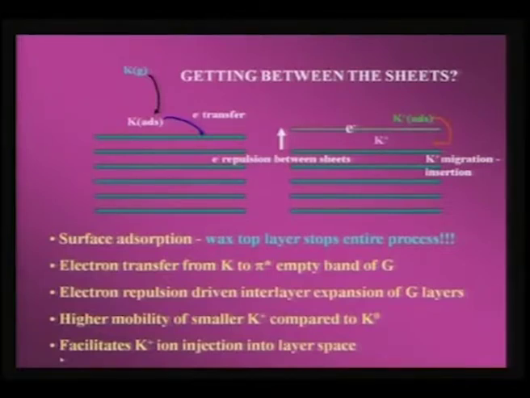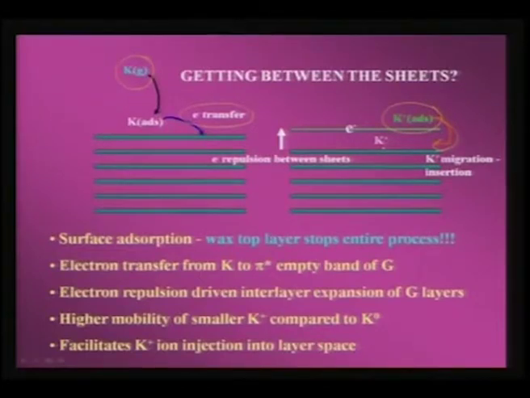For example, if you look at the same reaction more carefully in a mechanistic way, you would see that initially the potassium is sent as a gaseous phase and gets absorbed, and during absorption there is an electron transfer. After the electron transfer the potassium ions get absorbed, and then there is a migration and insertion of these potassium ions, which are absorbed on the surface, into the graphitic sheets.